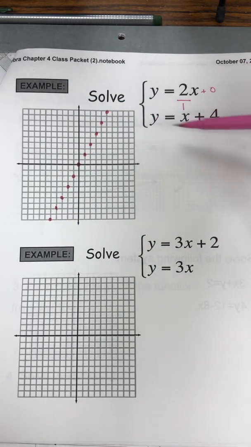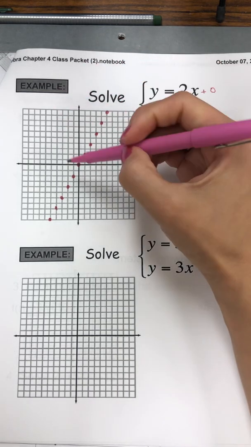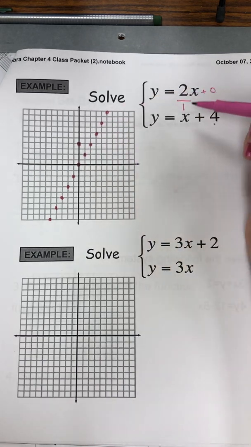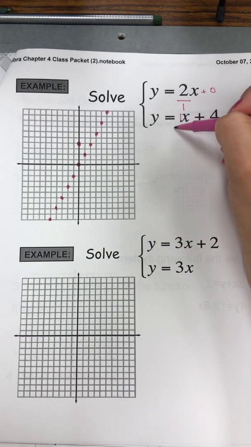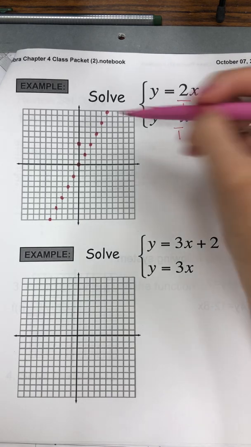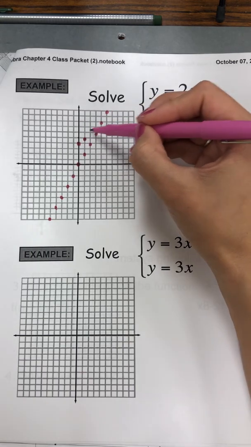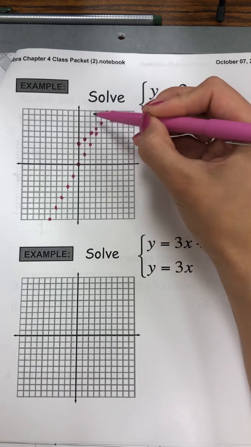So now to graph my bottom equation, the starting point would be 4, and we always start on the y-axis. So 1, 2, 3, 4. And this time the slope would be positive 1 over 1. Again, it's positive, so I'm going to go up 1, and then I'm moving to the right 1 because it's over 1. So up 1, over 1, up 1, over 1.